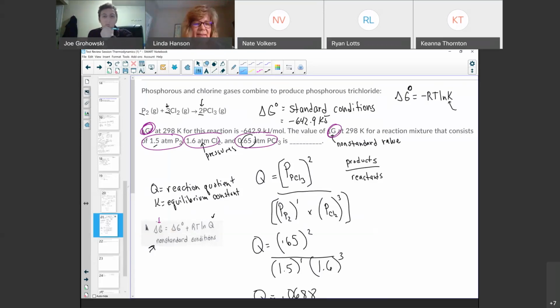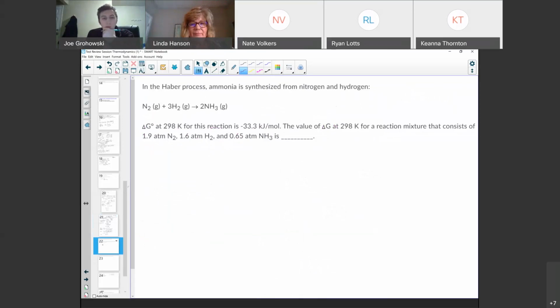Okay. Let's look at this similar problem and talk about how you would know the strategy. It's really very similar to what we just did. Let me give you a minute to look at this question and see if you can see word clues to know what formula we're going to need. Good.